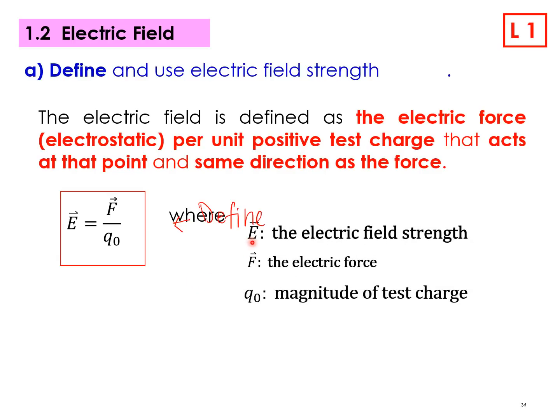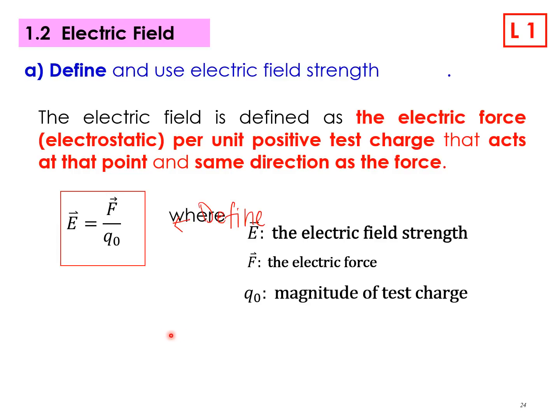E is the electric field strength, F is the electric force, and Q naught is the magnitude of the test charge, or positive test charge for the definition.